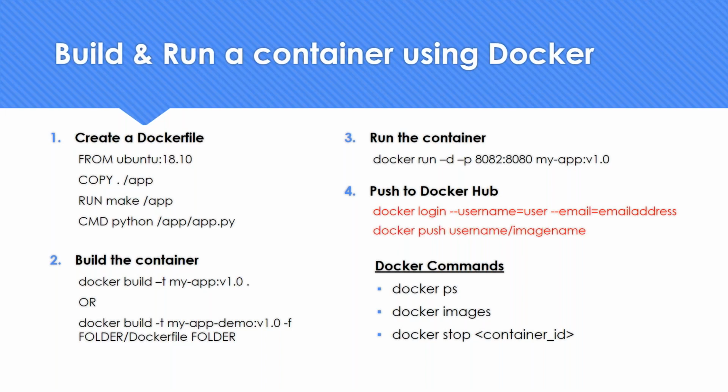So basically the default name is always Dockerfile, capital D, small f. You create a file where you mention the complete details of what all you are going to have. Basically, you need to mention, I have to have a specific OS, I have to copy certain dependencies, all those things. So this is the first step, folks.